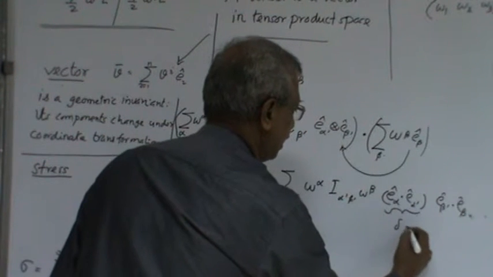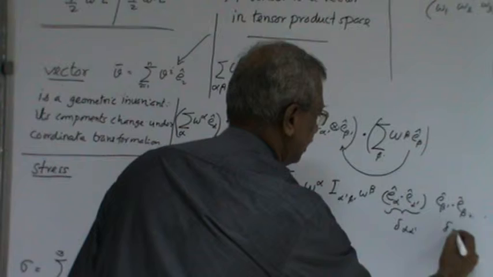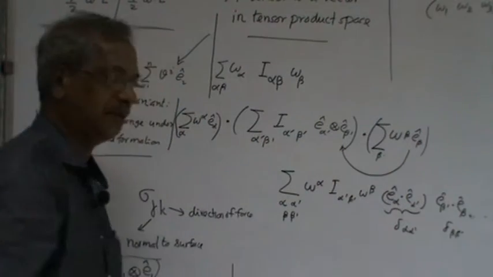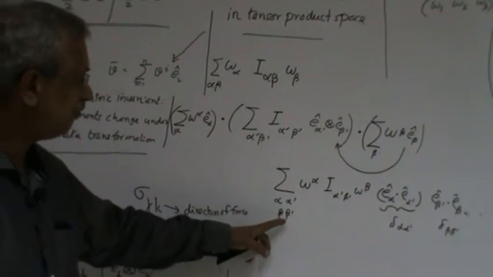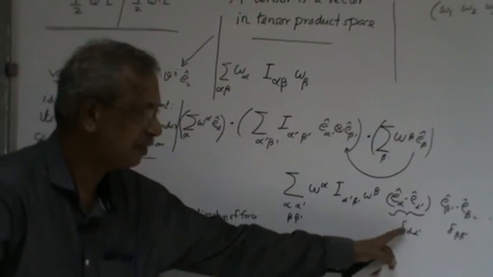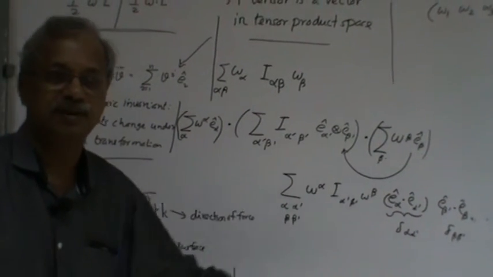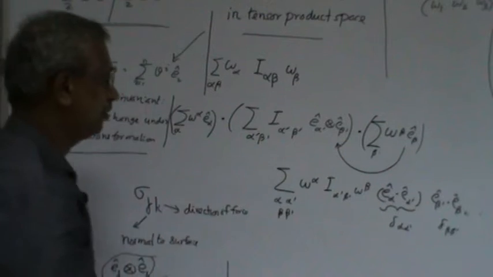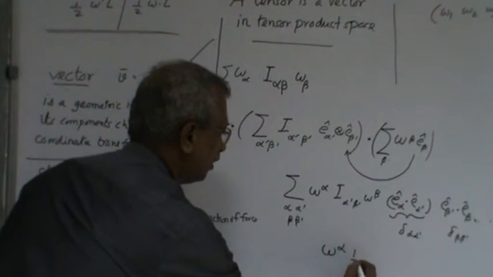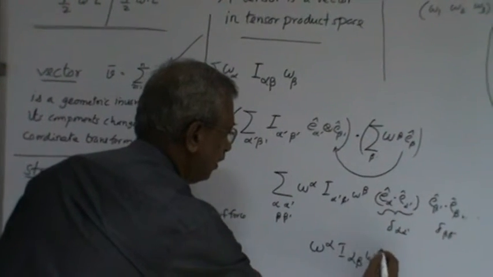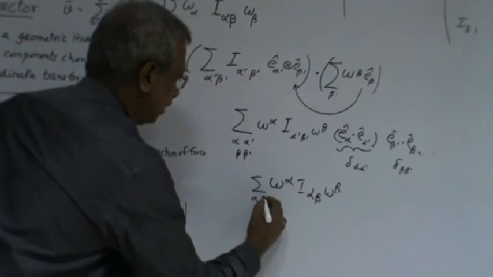This will give you a delta alpha prime alpha and this will give you a delta beta prime beta. So that means of the sums here, alpha prime should be equal to alpha and beta prime should be equal to beta. So you get omega alpha, I alpha beta, omega beta, something like that.